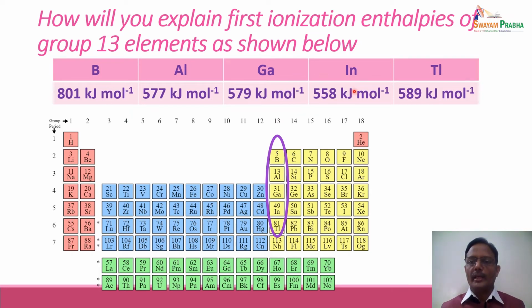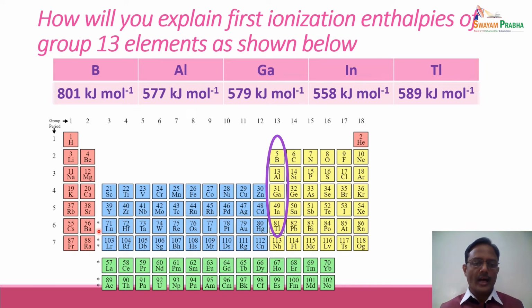But when we move from indium to thallium, there is an increase in the nuclear charge by 32 units, from 49 to 81. Hence the nuclear force increases, and again the intervening electrons present are in the d and f subshells.